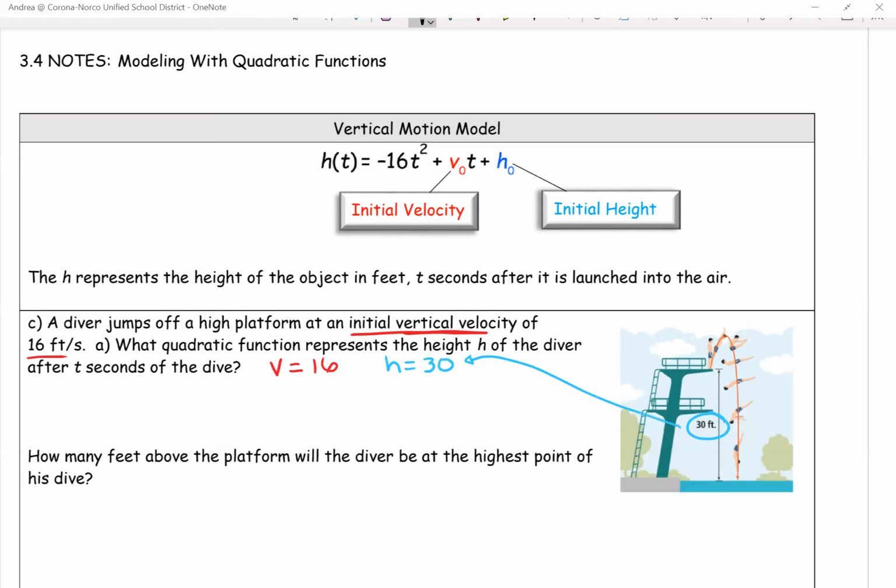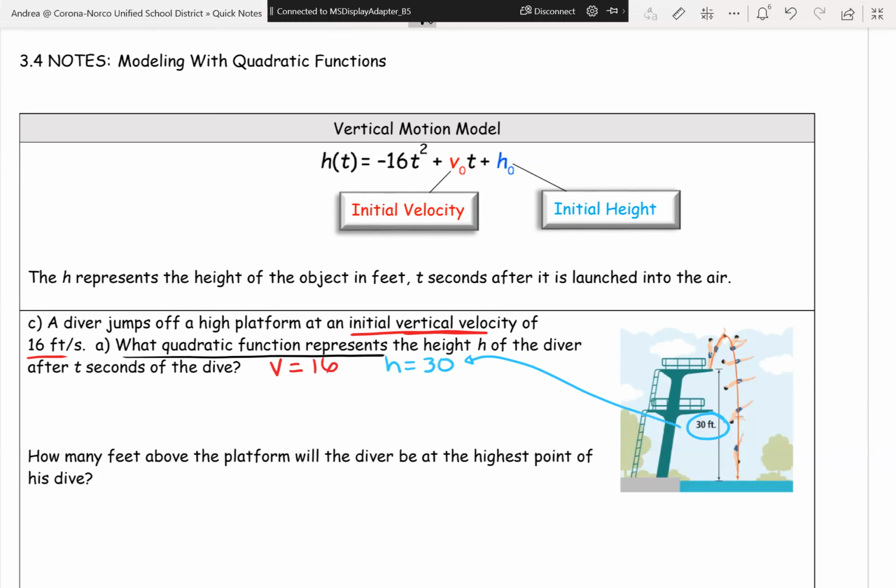They just want, what is the quadratic function representing? So they just want the equation. So we're going to write the equation. I'm just going to plug things in.